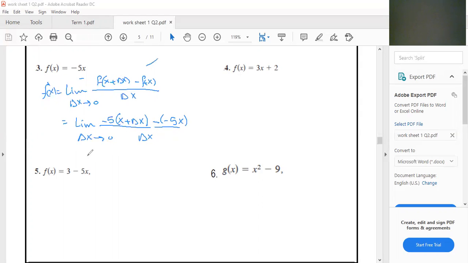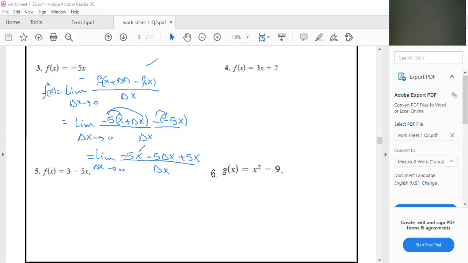Here it will be limit. Simplify: distribute first, then add the like terms. It will be -5x, -5 delta x plus 5x over delta x. Delta x approaches what? 0. Use a different color.